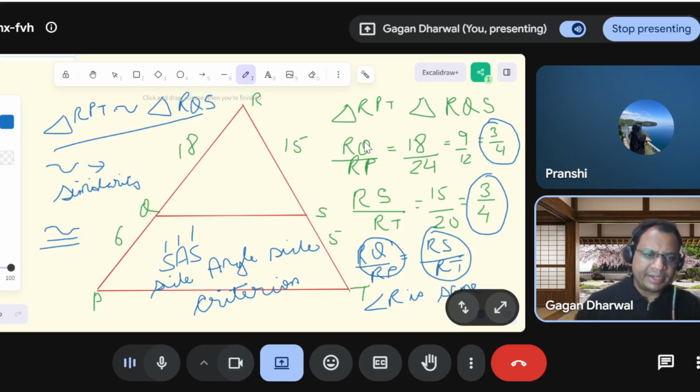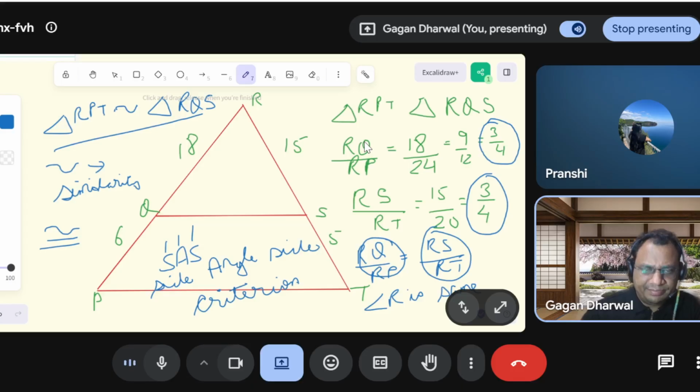There are some criteria with the help of which you can prove two triangles to be similar. We covered two. The AA criterion, where we prove two corresponding angles of the two triangles are the same. If we can do that, the triangles are similar; if any two angles are not the same, they are not similar.